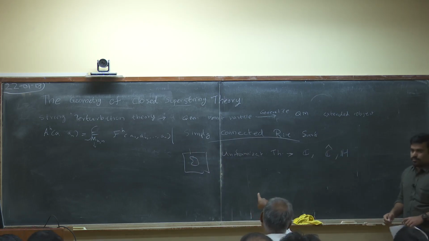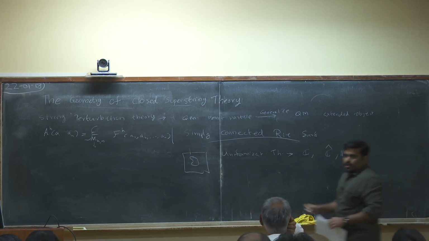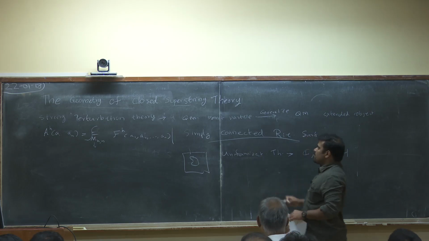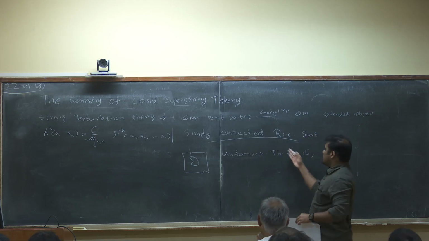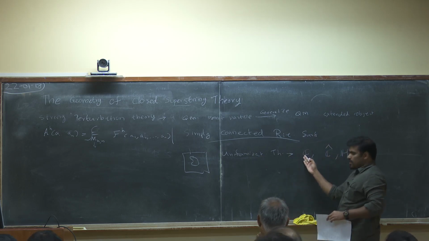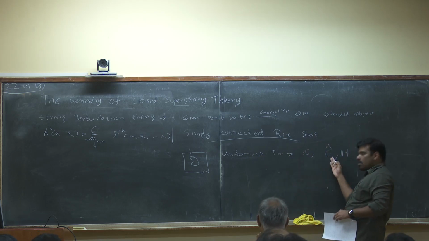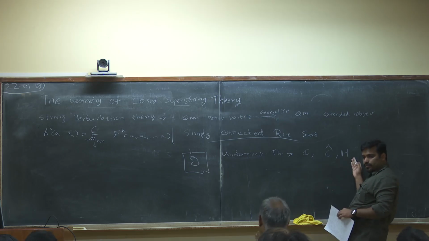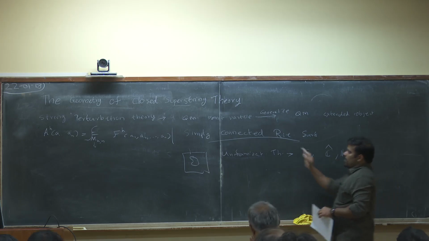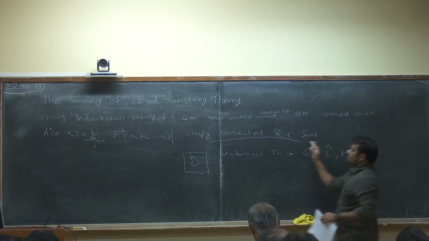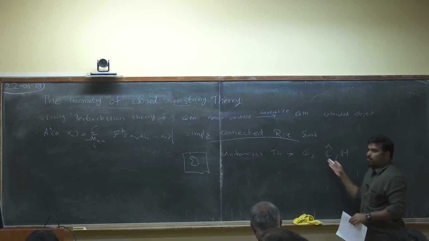Just repeat this last thing you said. If I have a simply connected Riemann surface, I can always find a conformal mapping that can take the surface to either the complex plane, or the Riemann sphere, or the upper half plane. So when you are looking at this restricted class of Riemann surfaces, you have only three possibilities.